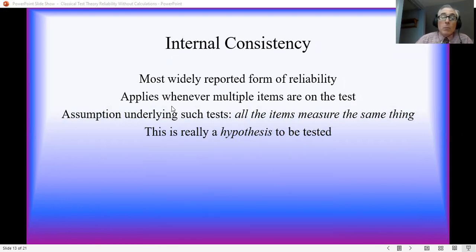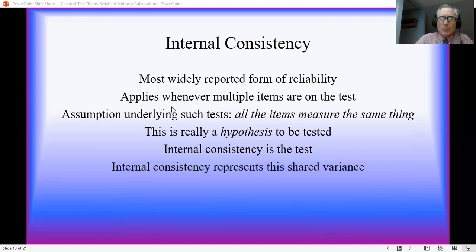You have a 20-item personality scale measuring extroversion. Every item on the scale is supposed to measure extroversion. But you don't know that they are. You don't know that's happening. It's a hypothesis, and you're going to have to test it by calculating the internal consistency of the test. Notice internal, like inside the test itself, is where we're going here.